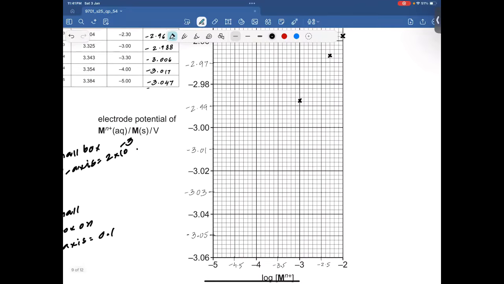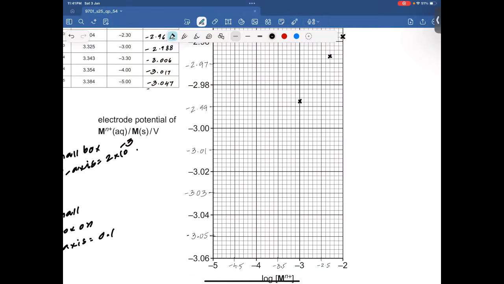Okay, next is minus 3.006. This value is minus 3.3 and minus 3.0, 3.006. 2, 4, 6. This one. Okay.